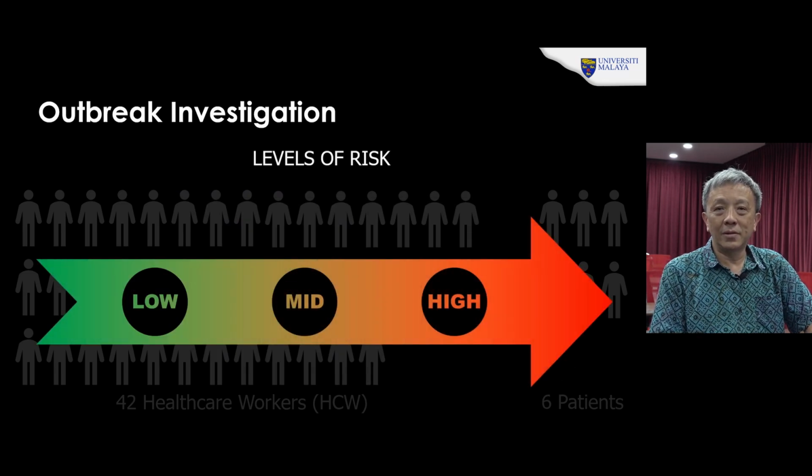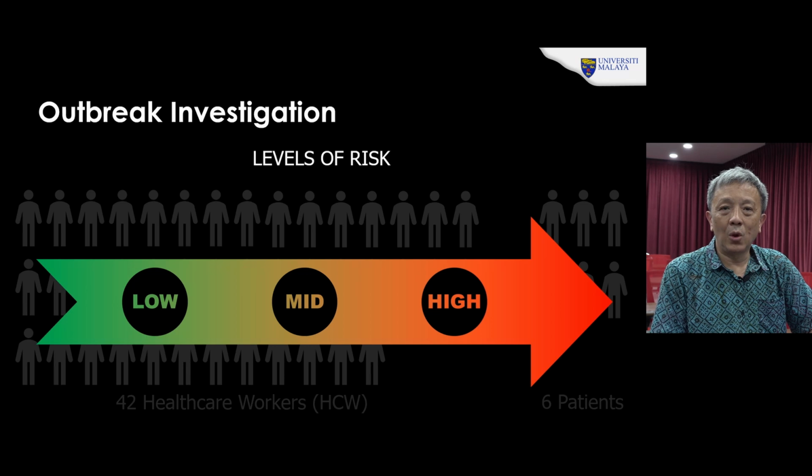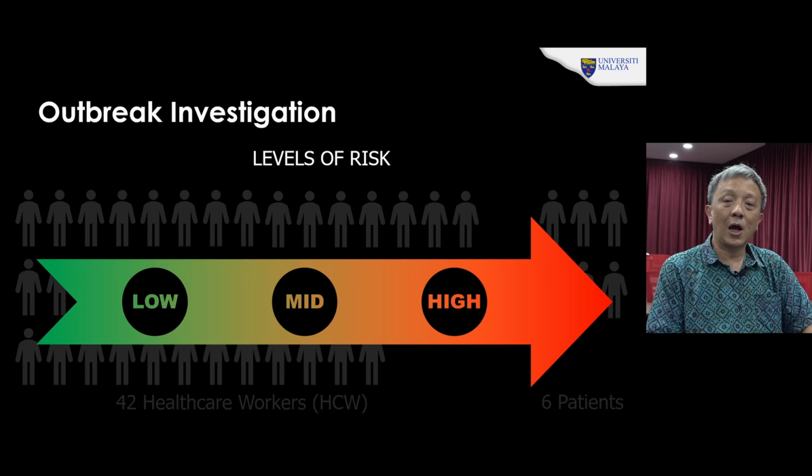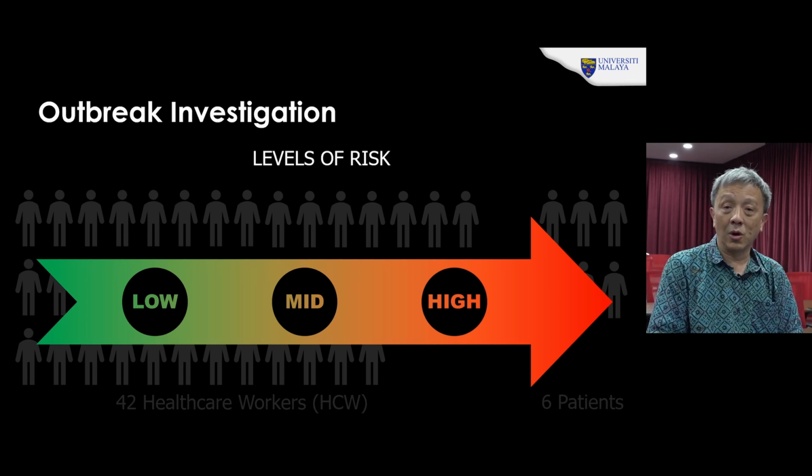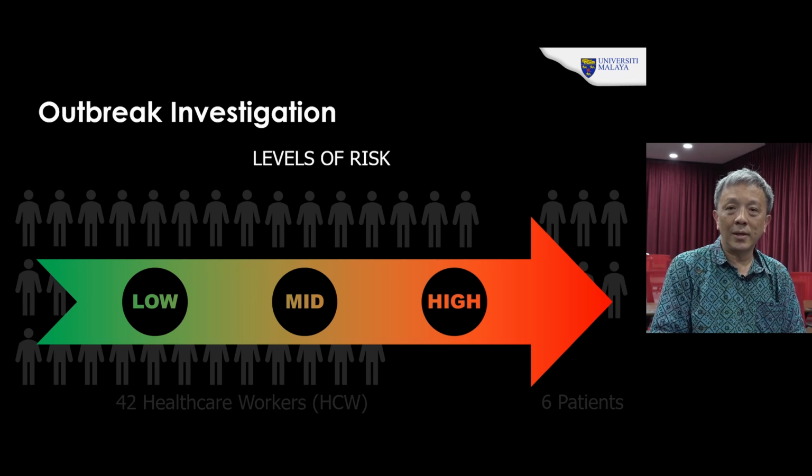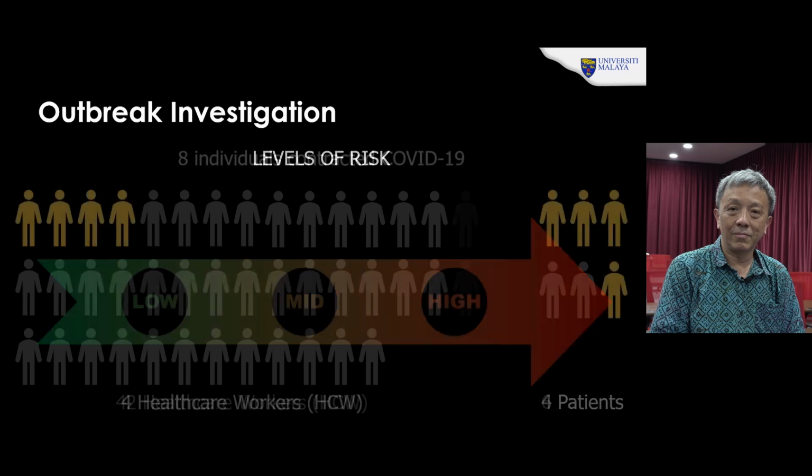The level of risk in the form can be low, medium, or high, depending on how the worker was exposed to a COVID-19 patient, and also whether there are respiratory symptoms like cough, running nose, and similar symptoms.